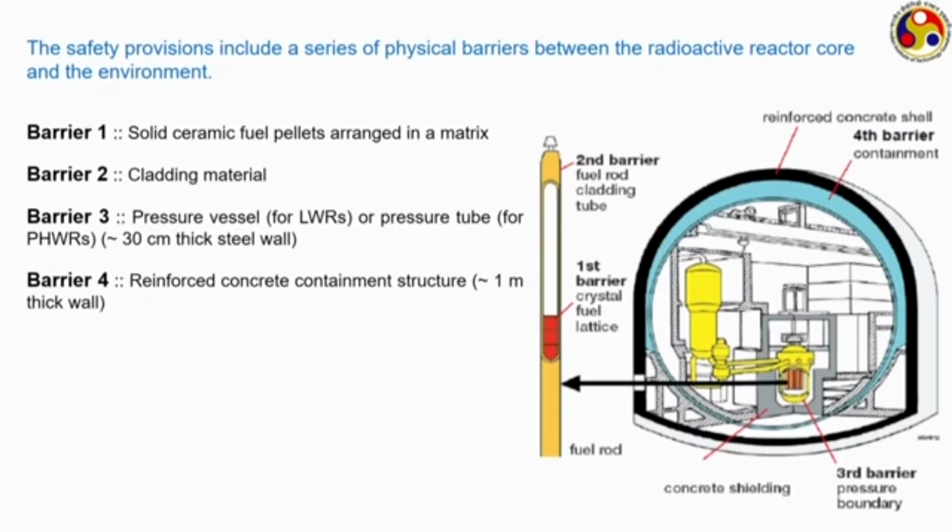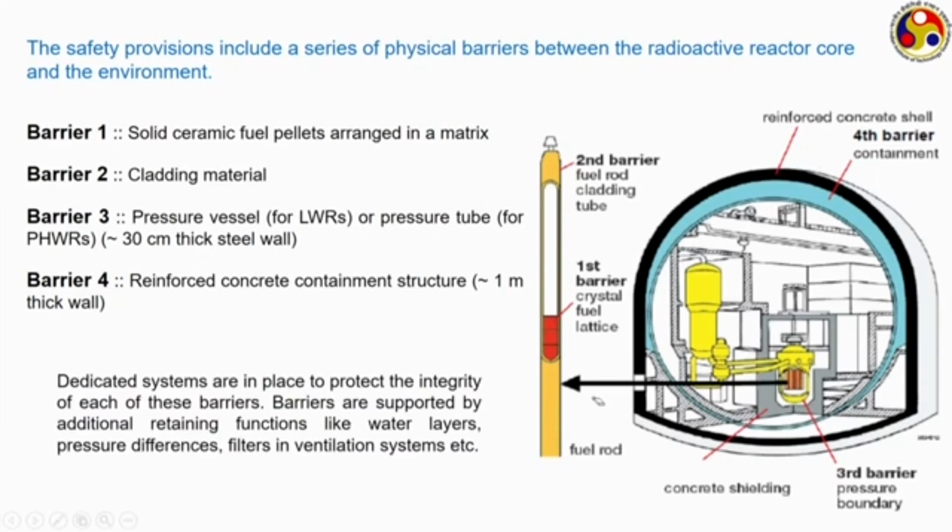This is a typical diagram which shows all these 4 barriers. This is the fuel rod. So, the crystal fuel structure inside the fuel rod itself forms the first barrier. Then we have the second, the cladding, which is basically a jacket around the fuel. Then we have the third barrier: the fuel rods are placed inside the pressure vessel as per this diagram, and then this entire containment structure outside, this black one, is the fourth barrier.